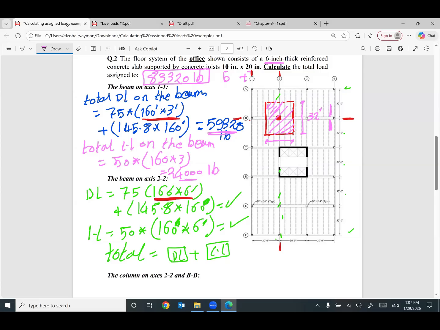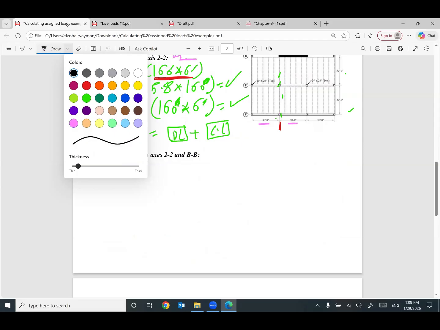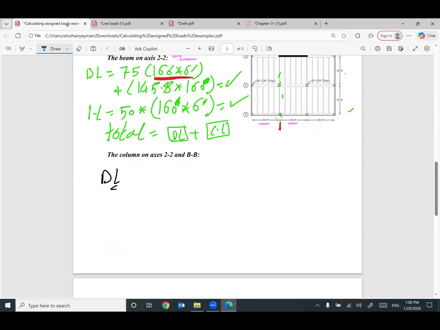And we have 15 from this side and another 15 from the other side, so the distance will be 30. That makes sense? So the area assigned to this column will be 30 by 32. So how much is the dead load from the slab on this column?